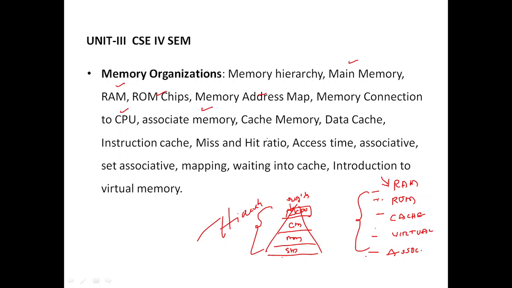Let me tell you in brief, cache memory is incorporated between the main memory and the CPU. In order to speed up and match the speed, because main memory is very slow but the CPU is very fast.